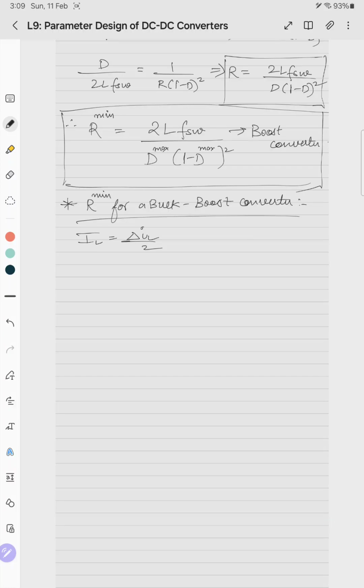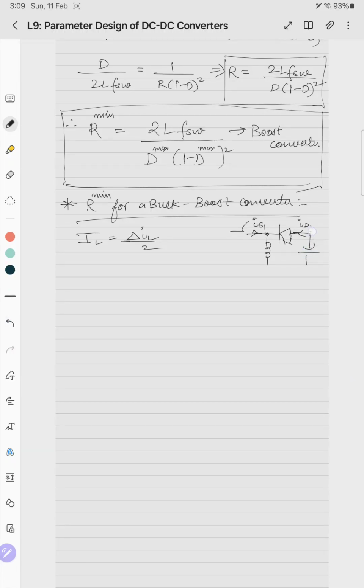So without seeing the converter, I just have to remember that the inductor in the buck boost converter is placed here. For load you have to draw only KCL, so you have to consider only nodal analysis, and here there is a switch. So this is IS1, this is ID1. Somewhere here there is a capacitor, and reverse polarity is there because it's a buck boost converter.